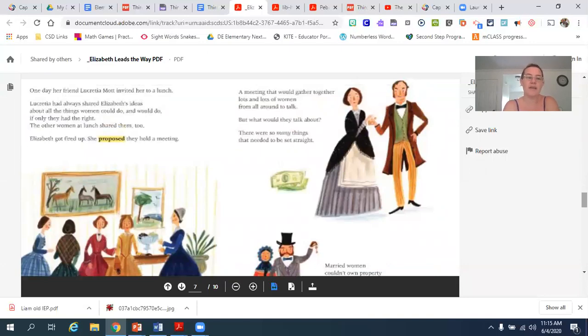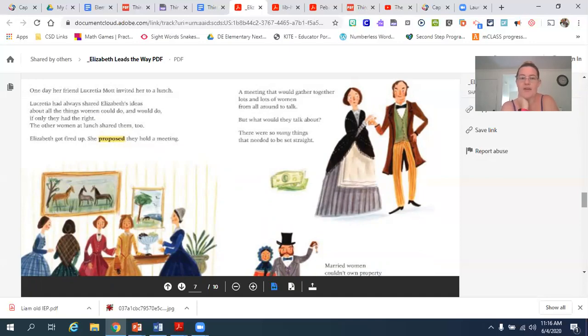One day, her friend Lucretia Mott invited her to lunch. Lucretia had always shared Elizabeth's ideas about the things women could do and would do if only they had the right. The other women at the lunch shared them too. Elizabeth got fired up. She proposed they hold a meeting.